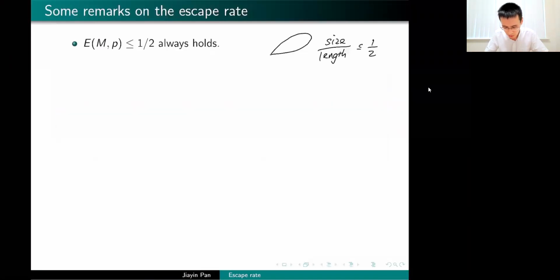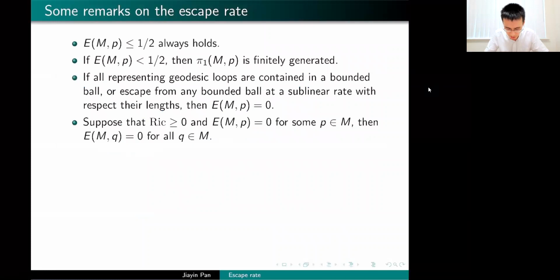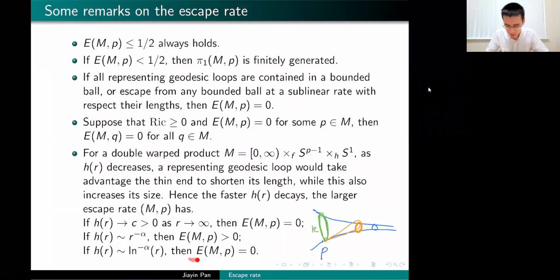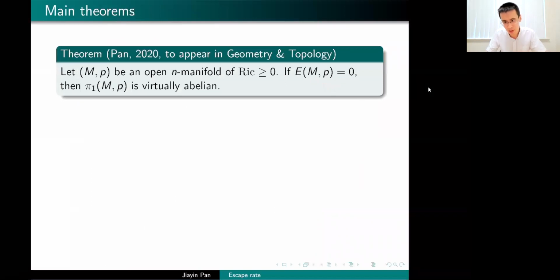This is because if you have logarithm decay, then you should have 0 escape rate, right? While by this theorem, 0 escape rate means the fundamental group is virtually abelian. So it is impossible to warp a nilpotent one using logarithm decaying functions, all right?